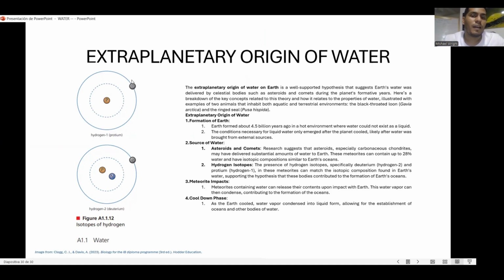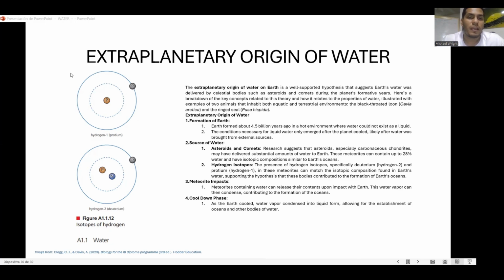Okay, there is a theory that talks about the extraplanetary origin of water. So it says that water originated in exoplanets, right? It's a well-supported hypothesis that suggests Earth's water was delivered by celestial bodies, such as asteroids and comets, during the planet's formative years.